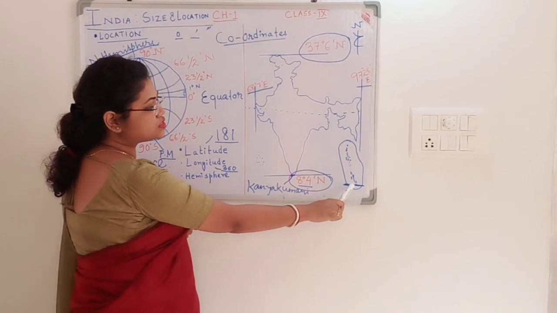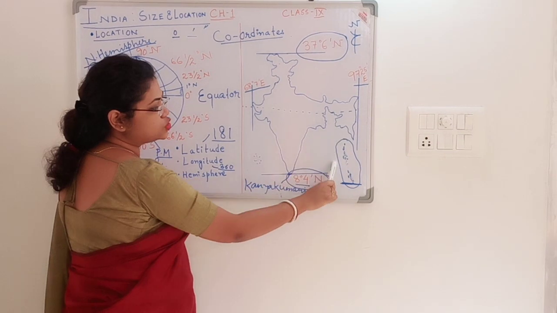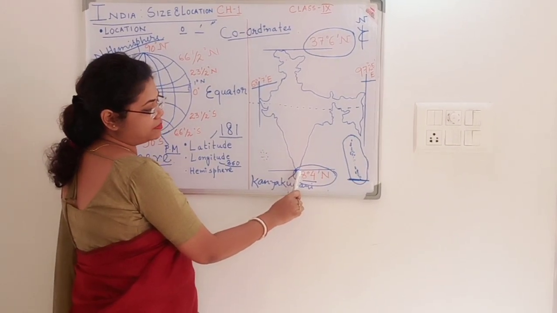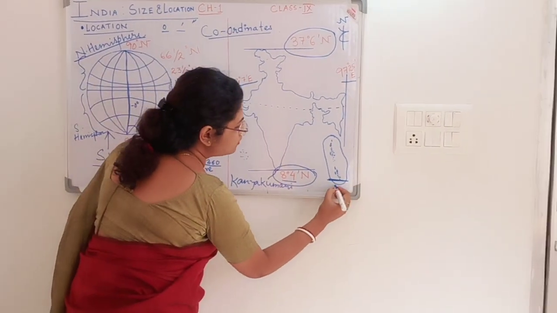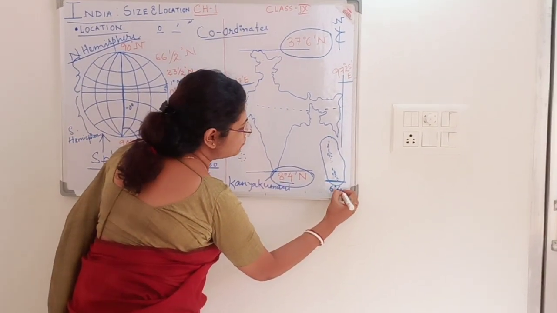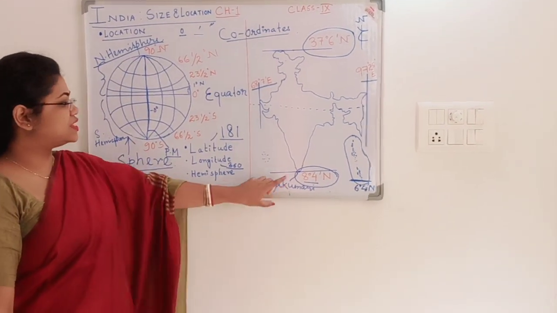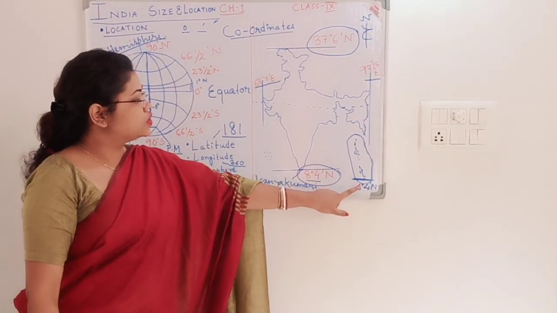Indira Point is the southernmost point of the Indian Union, because it's a union territory, and this is the southernmost point of the Indian mainland because it is the last part of our mainland. The value of Indira Point is 6 degree 4 minute north. So there should not be any confusion. This is the last point of the mainland and this is the last point of the Indian Union.